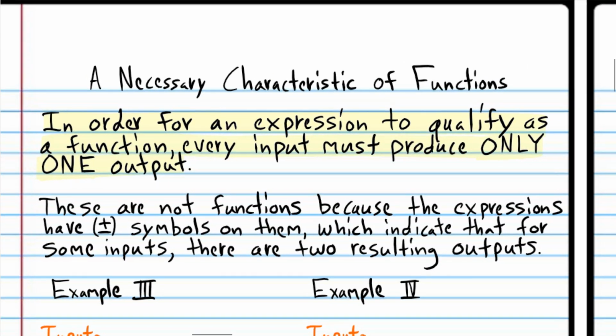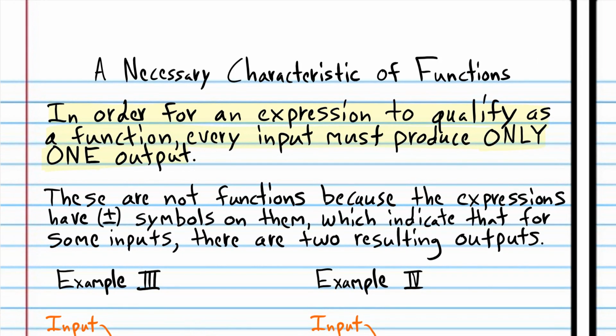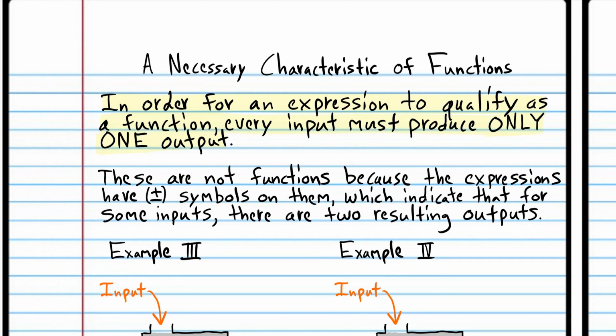Now, we also need to remember that a necessary characteristic of functions is that for every input, there must be only one output. If you enter an input into a function and you get 2 different outputs, then that machine, that function, in the world of math, you're not really allowed to call it a function.